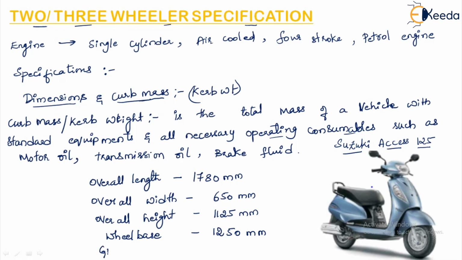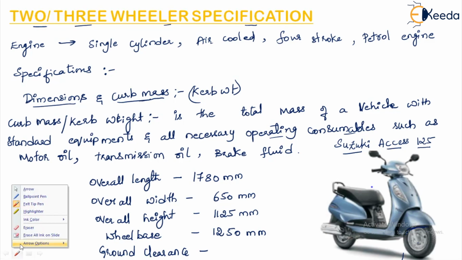The ground clearance. So ground clearance is the distance between the ground and the lowest frame of the vehicle. So this is the lowest. I will show it with a different color so that we will be able to identify it. So here this is the lowest frame of the vehicle.